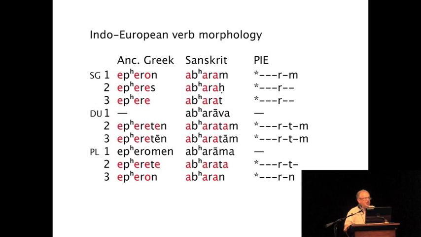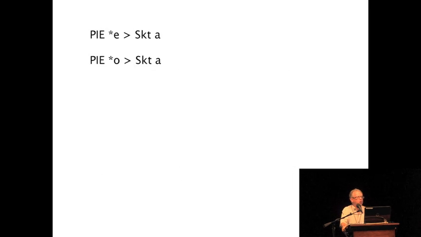Well, here it turns out that ancient Greek must show the more archaic form. So ancient Greek distinguishes the vowels e and o. In fact, it also has a vowel a, basically a 5-vowel system. So ancient Greek makes these distinctions among the vowels, whereas Sanskrit has lost this distinction. So we can think of two changes.